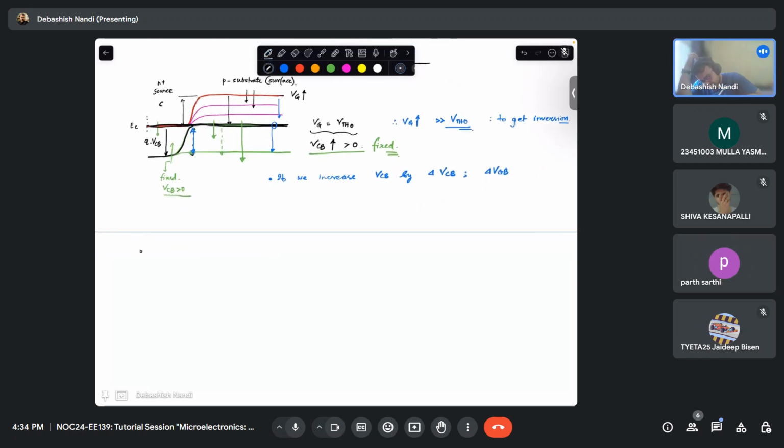Let me write this down. At the onset of inversion, when VCB is equal to 0, VGB is equal to VTH0. Fine.